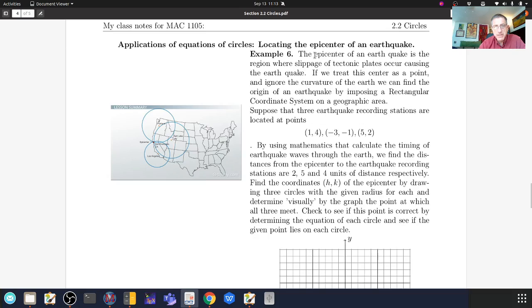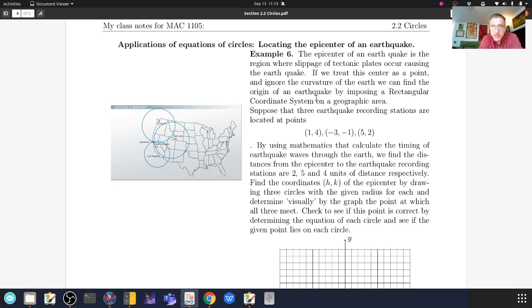So here we have the most interesting little problem, an applied problem. The epicenter of an earthquake is the region where slippage of tectonic plates occurs, causing the earth to quake.